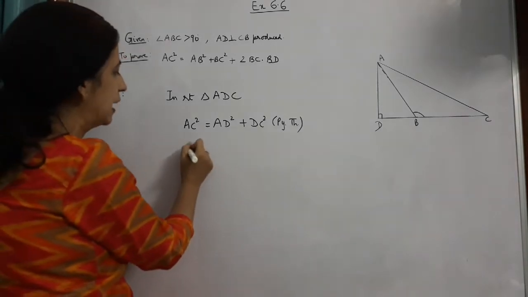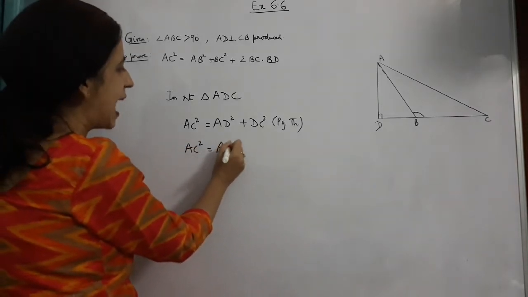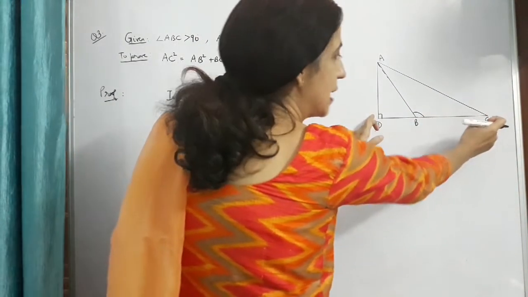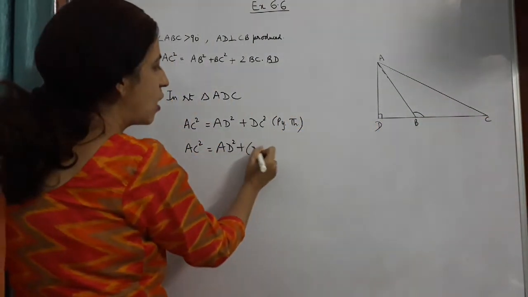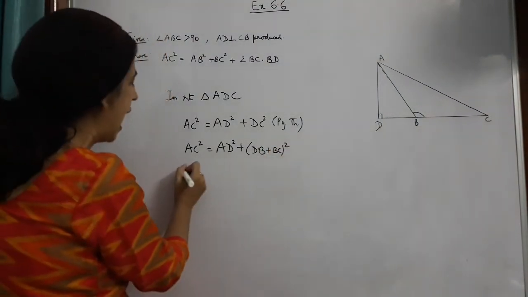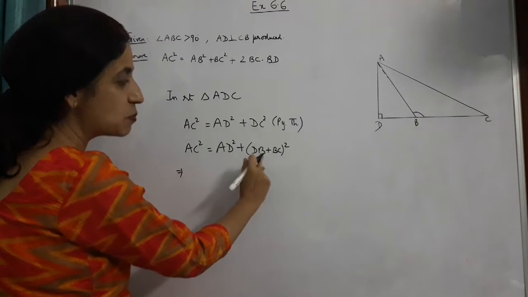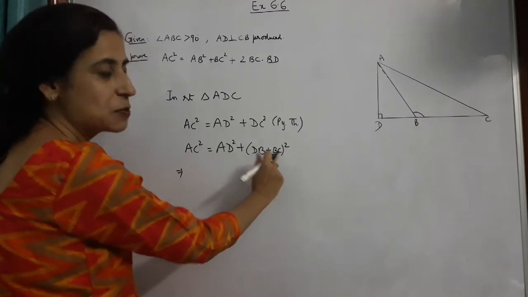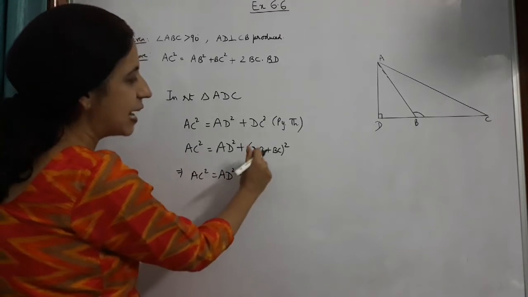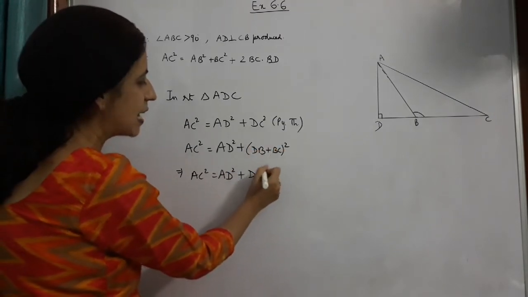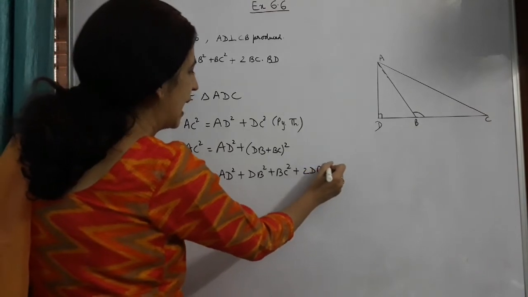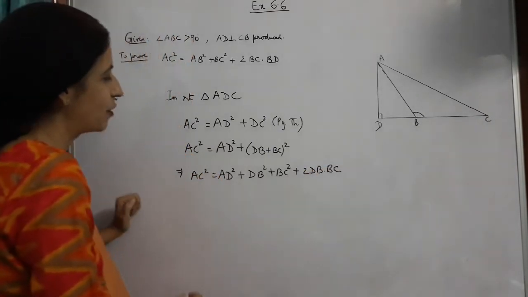Now from the figure you can see that DC can be written as DB plus BC. So in place of DC we write down DB plus BC whole square, and now we simplify this by using the identity A plus B whole square, which is A square plus B square plus 2A into B.